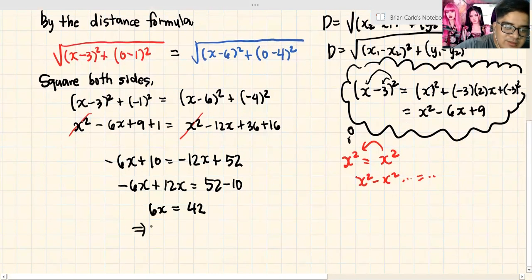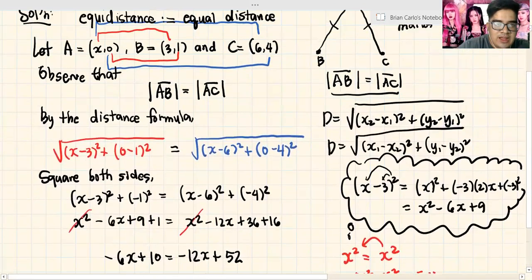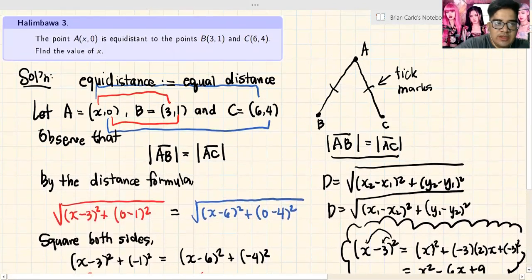This implies that x is equal to 7. So ibig sabihin, yung point A na 7, 0 is equidistant to the points 3, 1 and 6, 4.